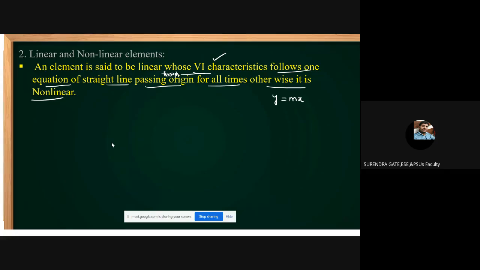If any one principle is not satisfied, then it is treated as a non-linear element. Understand, students? That is the mathematical approach. That statement I will give later on. But from the characteristics point of view, an element is said to be linear whose VI characteristics follow one equation of straight line at all times. Otherwise, it is a non-linear element.